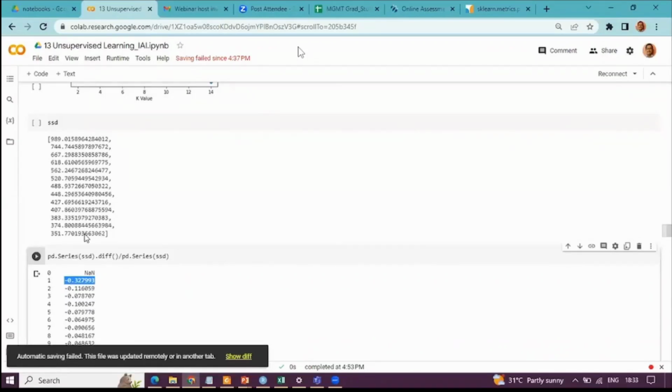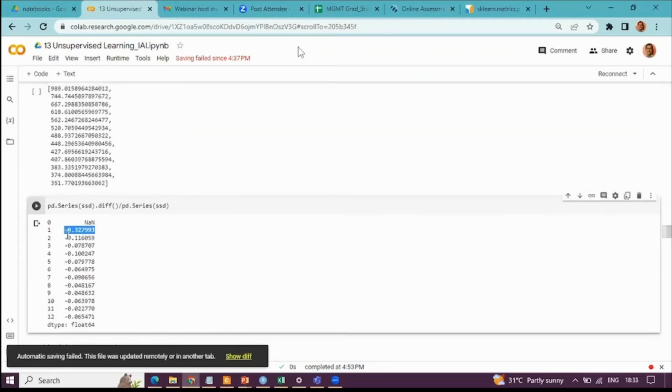From 989, there was a fall up to 744, and so that one has resulted in a fall of almost 32%. And after that, the fall was around 11%. The fall was around 7%, coming down, down, down.